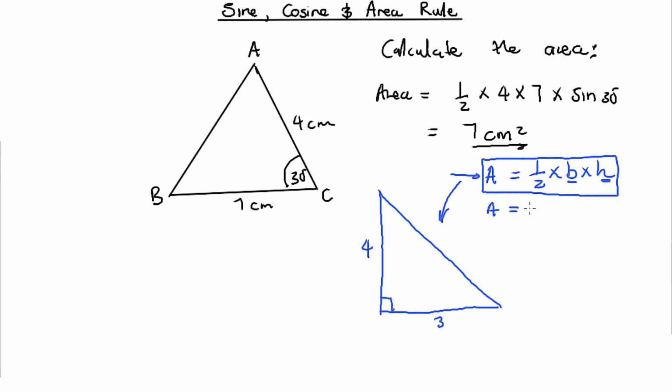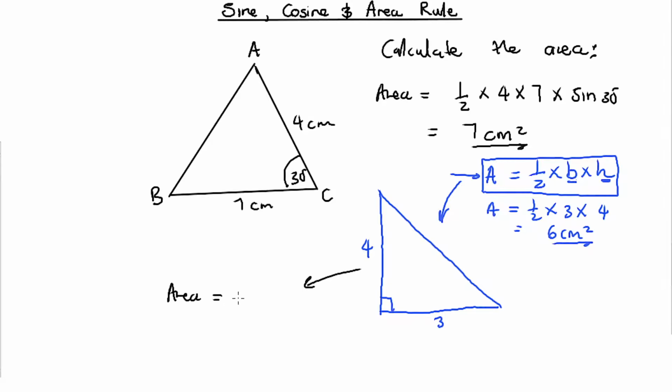Let's apply it here. 1 over 2 multiplied by what? The base is 3 multiplied by the height, which is 4. So the answer should be 6 centimeter squared. Now applying the area rule to this problem, we should get the same answer.